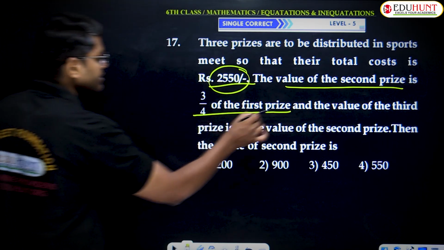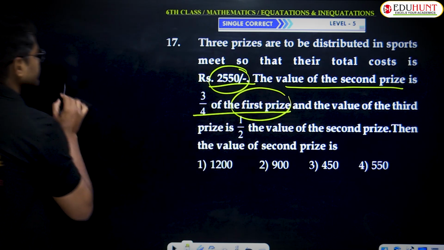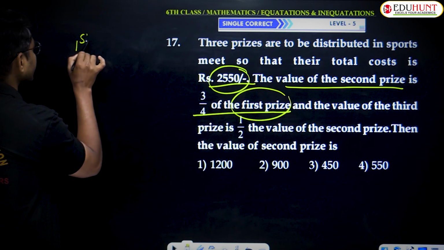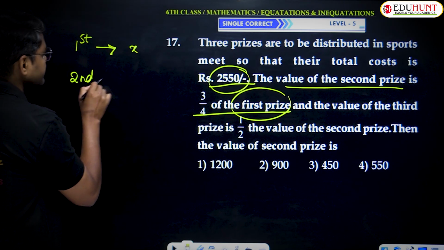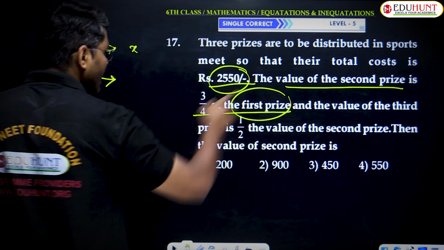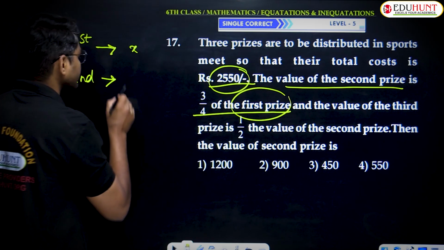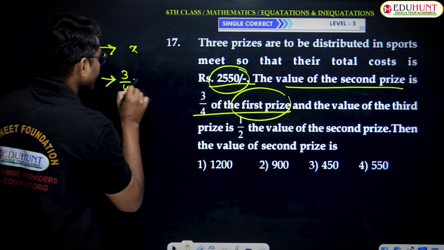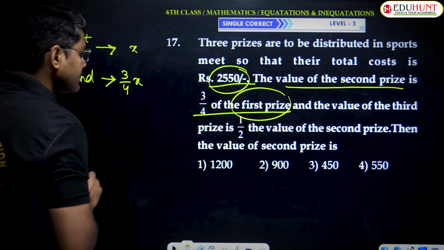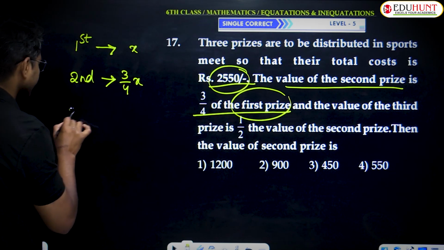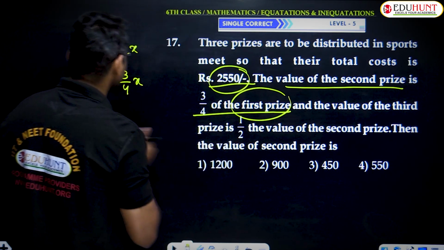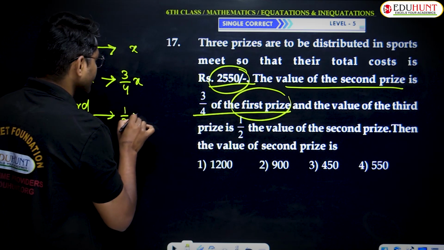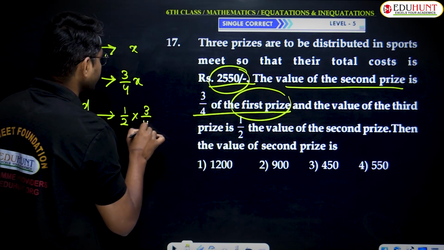Let's take the first prize as x. The cost of the first prize is x. Now, the value of the second prize is 3 by 4 of the first prize, 3 by 4 of x. And the third prize is 1 by 2 of the value of the second prize.